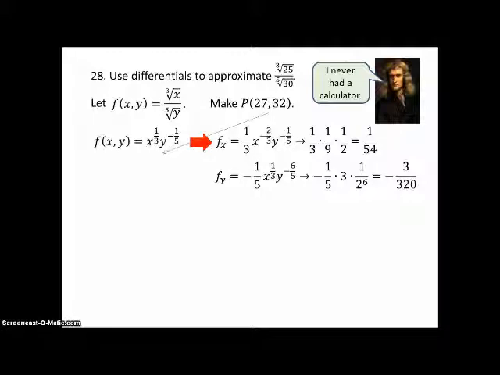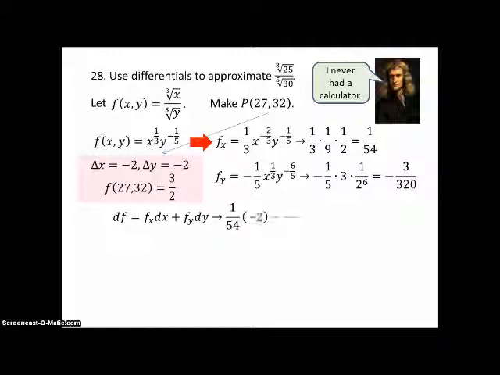So now let's take a look at some other values we're going to need. The change in x is negative 2, the change in y is negative 2, because our not so nice point has values that are less than our nice point. And if we plug 27 and 32 into our original function, we get 3/2.